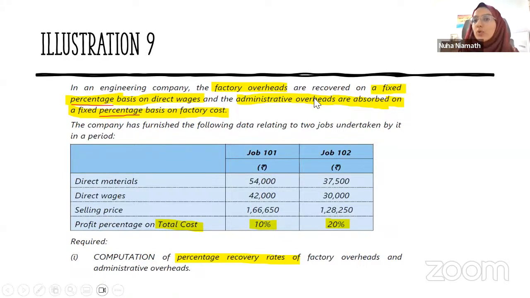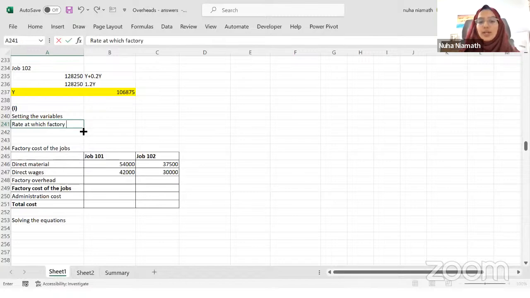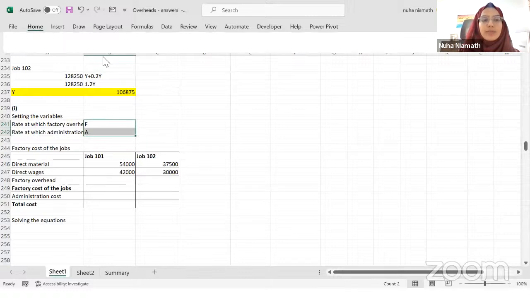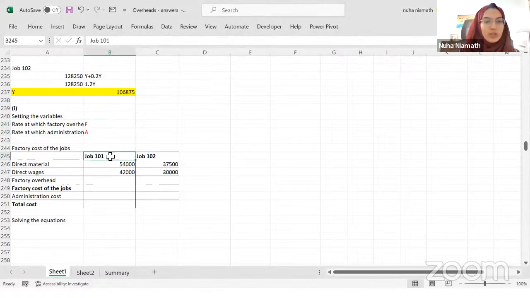And for the administration overhead percentage, we will give it as A. So let the rate at which factory overhead is absorbed be F, and the rate at which administration overhead is absorbed be A. Okay, let's just give it some variables here. Are we clear till here? Okay.